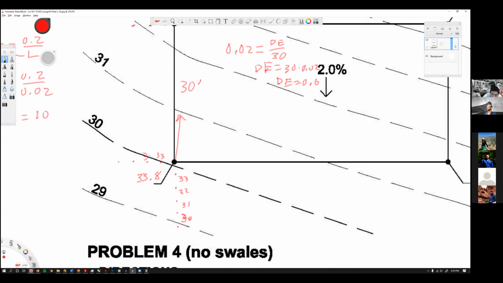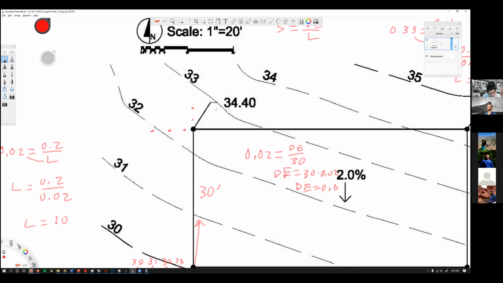Same thing up here: this one's 34, this one's 33, 34, 33, 32.